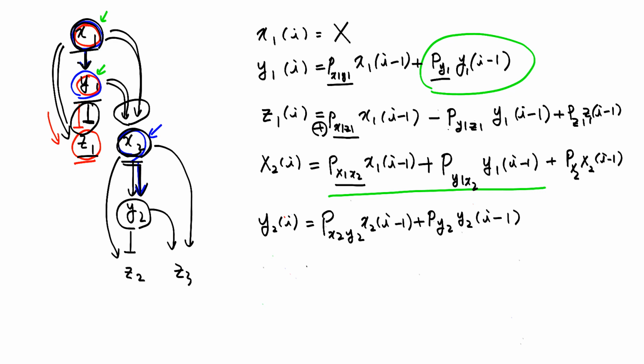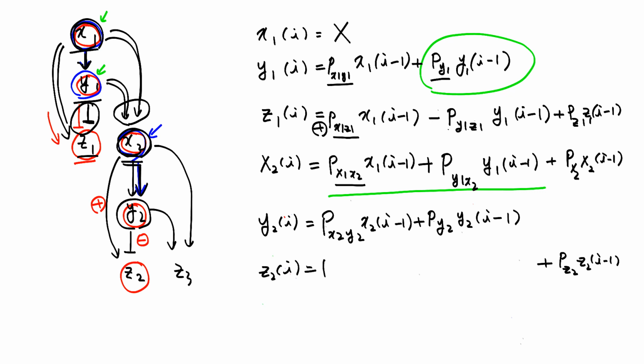And how about z2? Again, it should have its degradation term, which is p z2, z2 i minus 1. And how many inputs does it have? This z2 has two inputs, x2 and y2. This is activation, and this is inhibition, right?